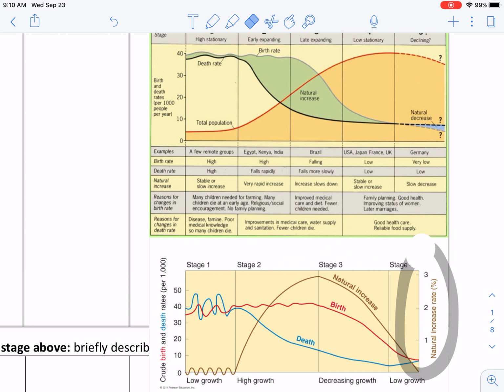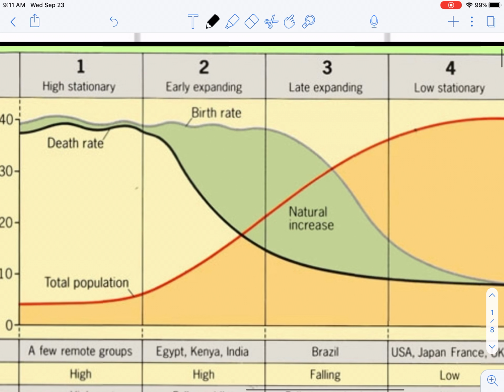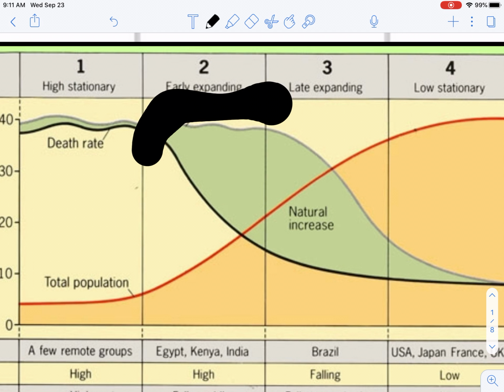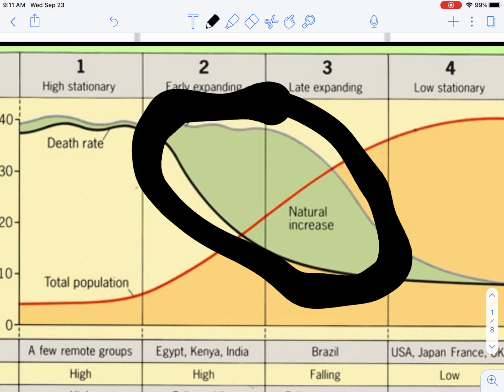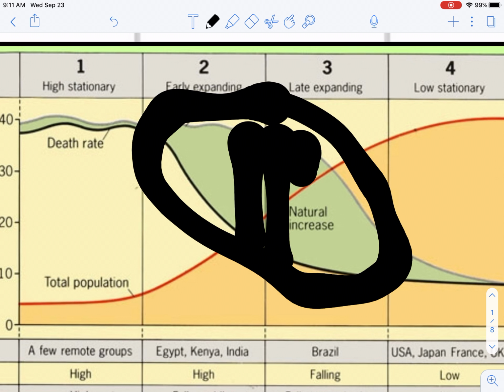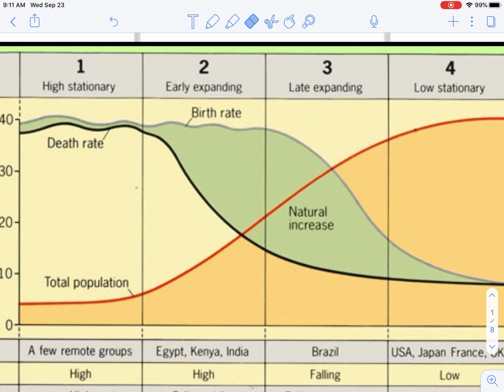Whereas the graphic that I shared with you for this assignment uses the space between the birth rate and the death rate to represent the natural increase rate. So you can see where it's the fattest, probably end of stage 2, moving into stage 3. That's where you have the greatest amount of increase of population growth.